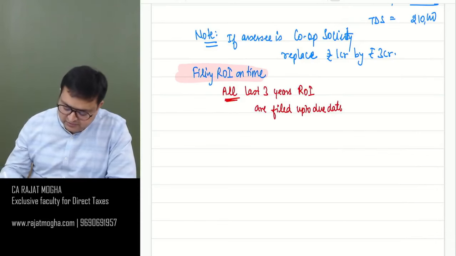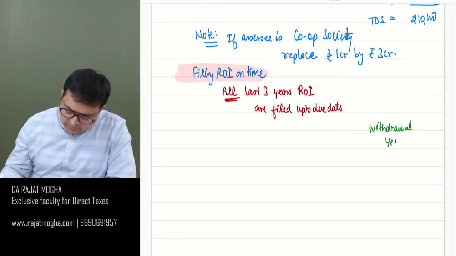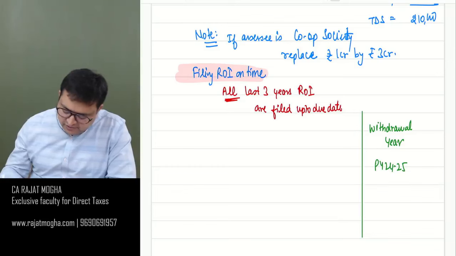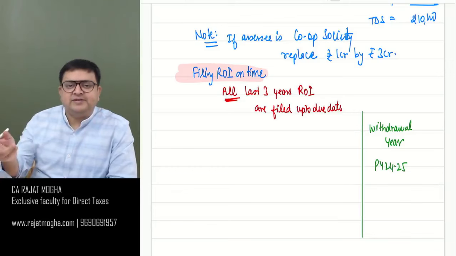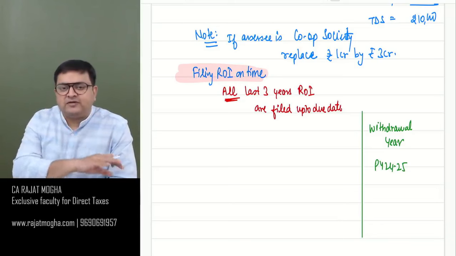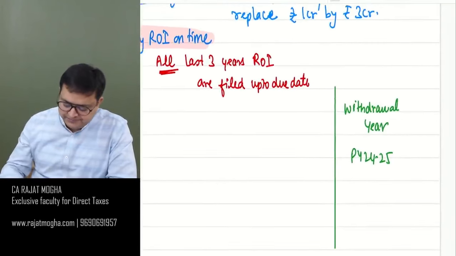It means if the withdrawal year is previous year 24-25, this is the withdrawal year, then we will see whether you have filed your ROI of the last 3 years on time or not.